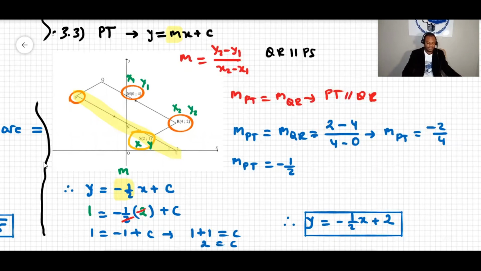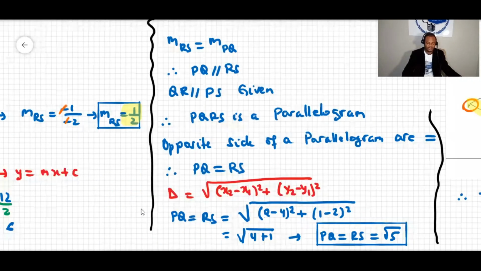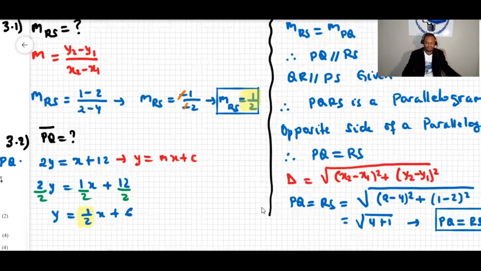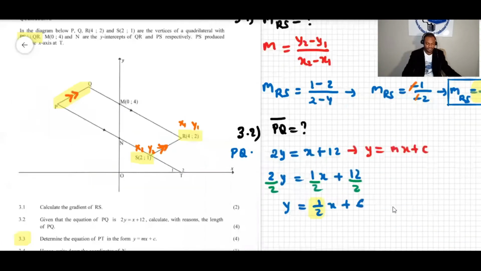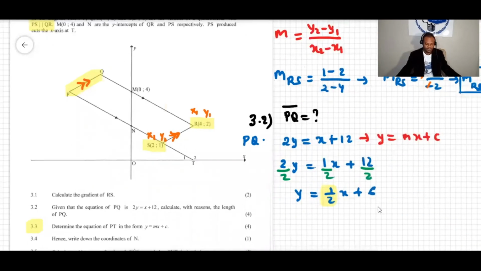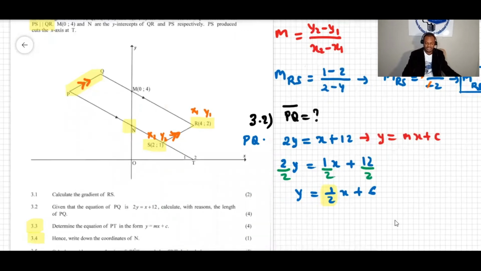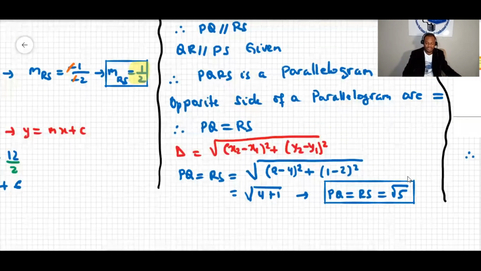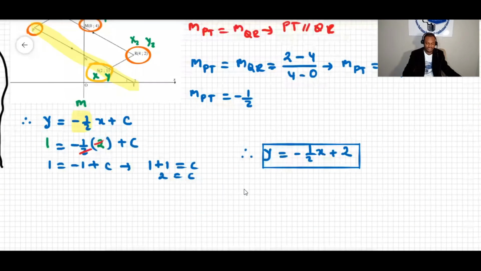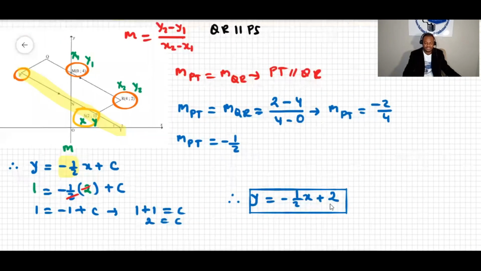Now question 3.4 says, hence write down the coordinates of N. N is the y-intercept of the line PT. Remember, c is the y-coordinate of the y-intercept, so this number always stands for the y-intercept.